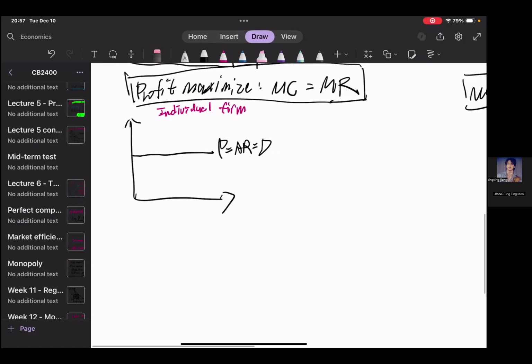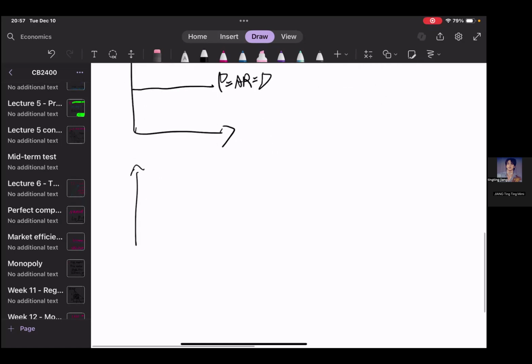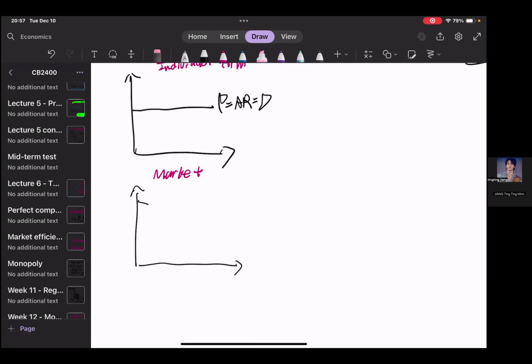Which means that we have another graph for a market, specifically the perfect competitive market structure, in which case the demand will actually be downward sloped. It is downward sloping because this will potentially be asked.